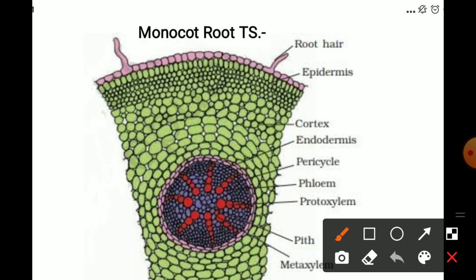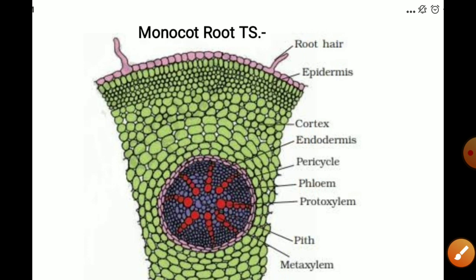So if we consider this as a circle, this is a radius, with a xylem bundle on this radius and a phloem bundle on this radius. Such vascular bundles, where the xylem and phloem bundles are arranged on different radii, we call radial vascular bundles.